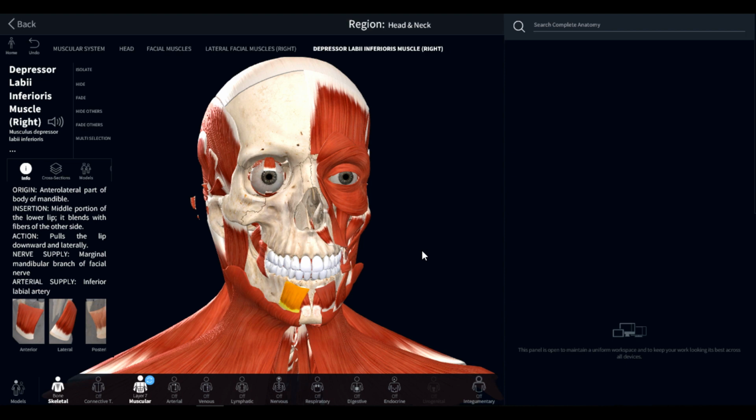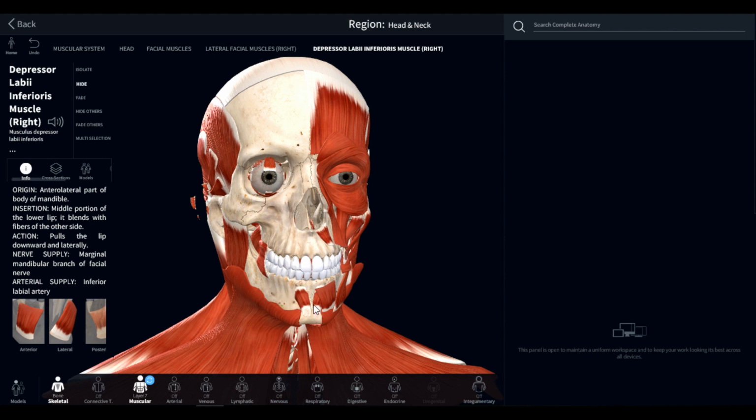The other muscle known as the depressor anguli oris, which we removed a second ago, was involved in pulling the skin at an angle. This is the muscle that pulls the skin directly down. And this is the muscle that is innervated by the marginal mandibular branch of the facial nerve, and it has an arterial supply by the inferior labial artery.